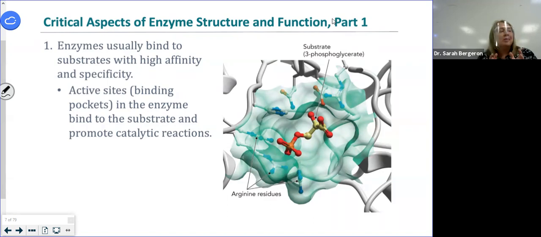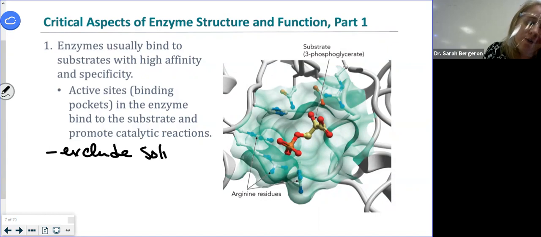Normally, if you don't have a substrate bound, what's in the pocket? Water, solvent. So the first thing that it's going to do in order to bind the substrate and promote catalytic reactions is to exclude solvent, right?